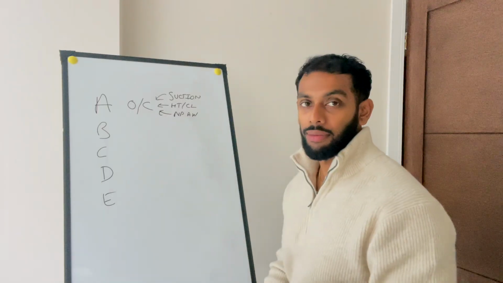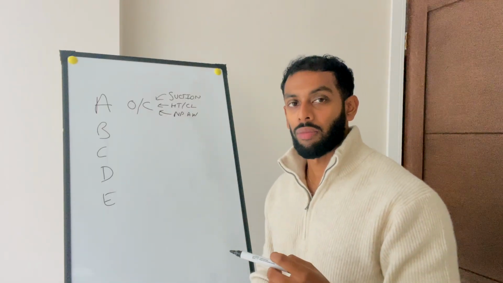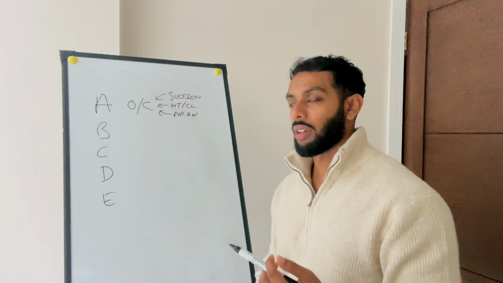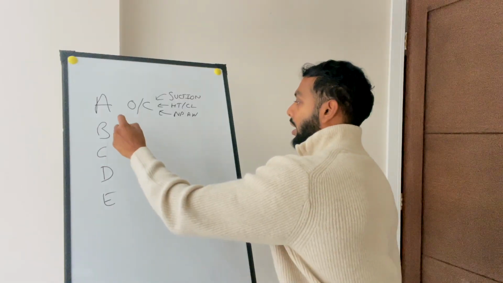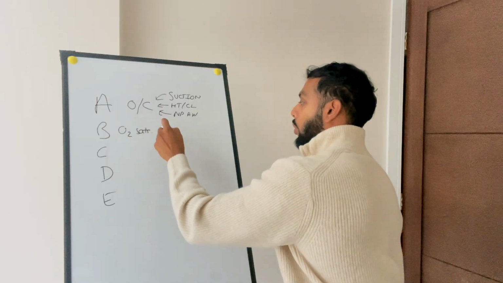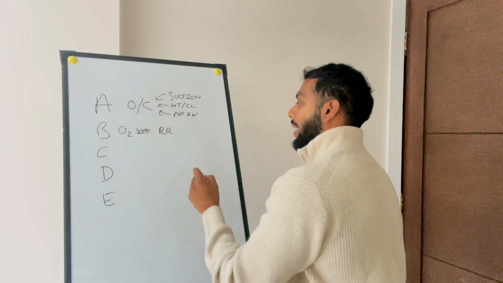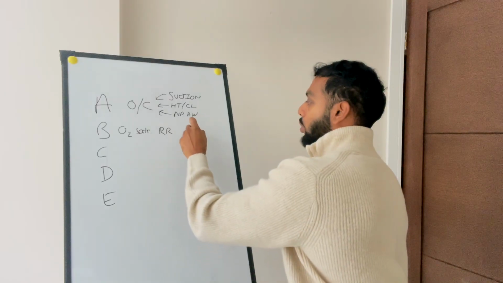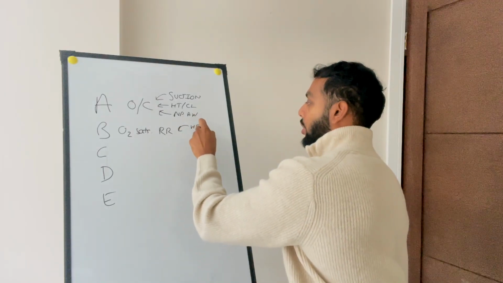For breathing, if there's an issue with breathing, that means that their O2 sats will be low and their resp rate will be high. So how do we solve it? We give high flow oxygen.